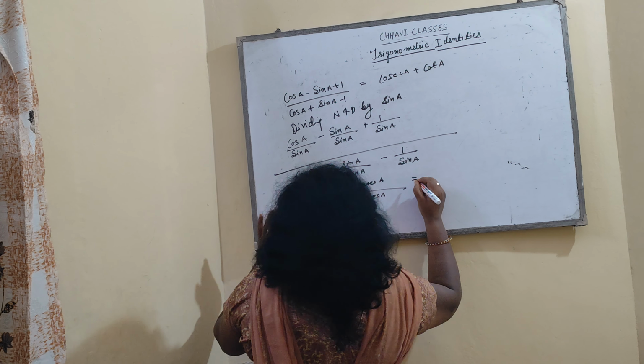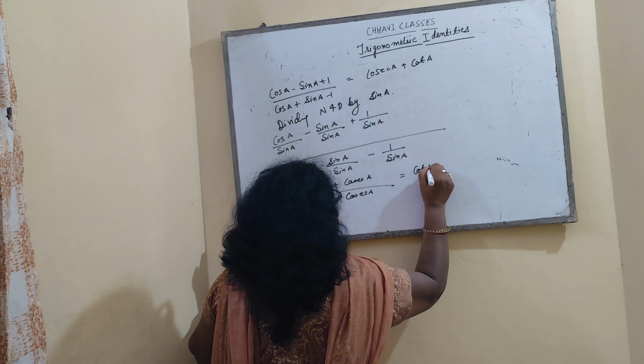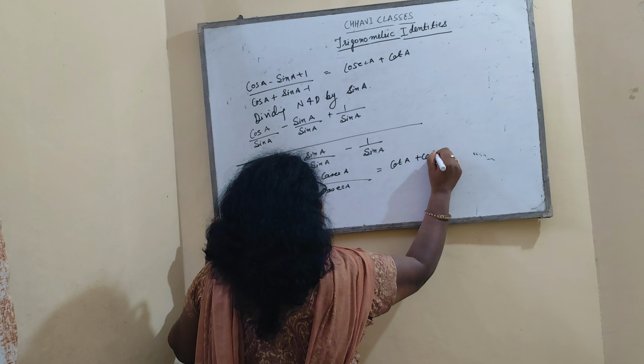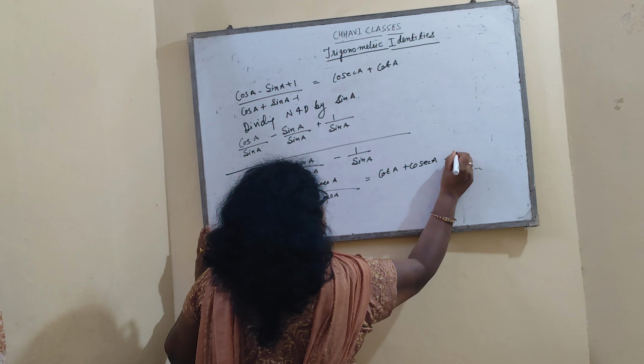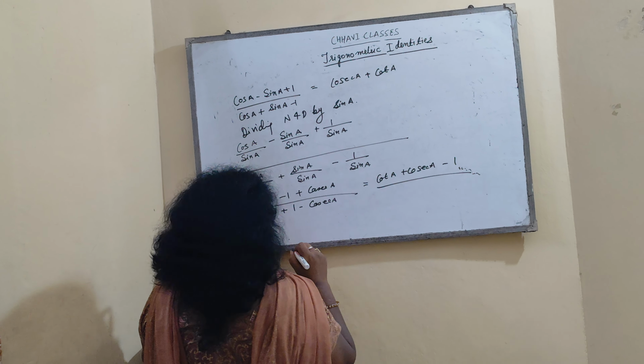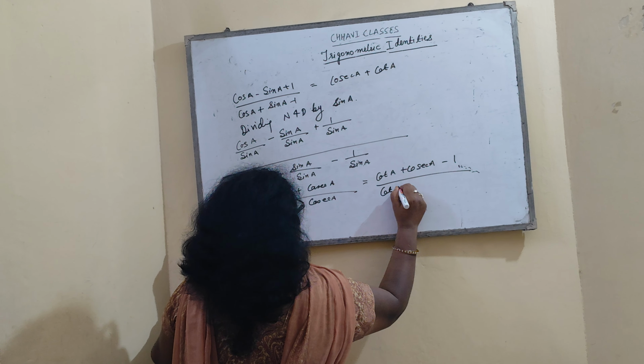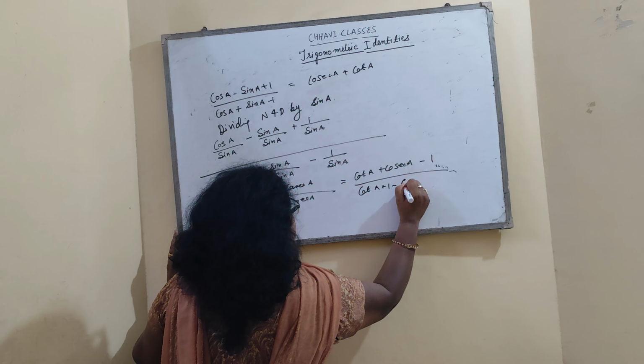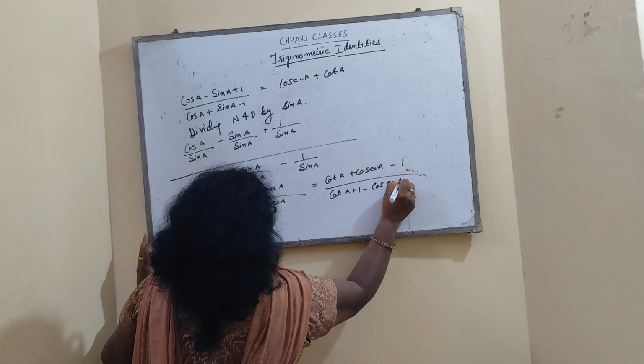This I can write down like this also. Cot A plus cosec A minus 1 upon the denominator. I will write down the denominator as it is only. No change in the denominator.